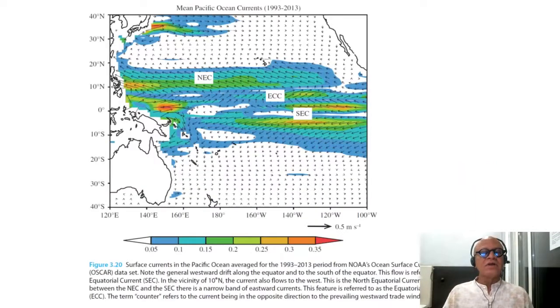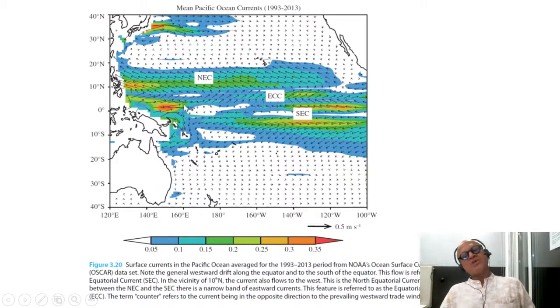Not a very difficult thing to do, but when you do this, you have observed currents looking this way. You have south equatorial currents with maximum speeds in these colors. On the equator you get a minimum because of the upwelling and the wind convergence happening in the ITCZ, and you have the equatorial countercurrent or the ECC arising here.